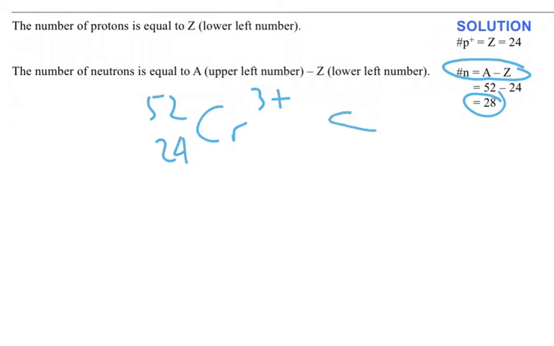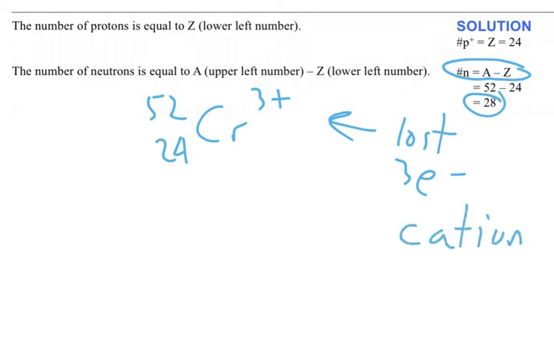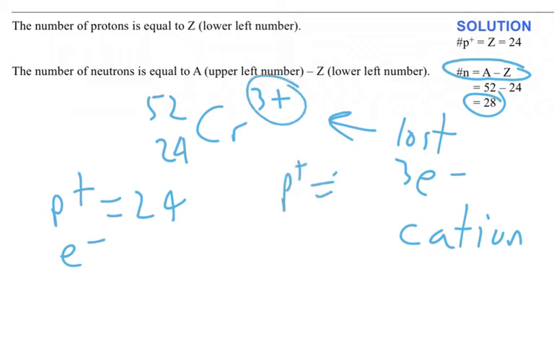What this means is that you lost 3 electrons. That's what a positive means. This is actually a cation. So before, the proton number is still 24. Now before, the electron number is 24. But a plus 3 means that the proton number and the electron number are no longer the same.